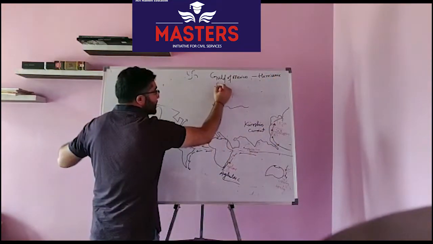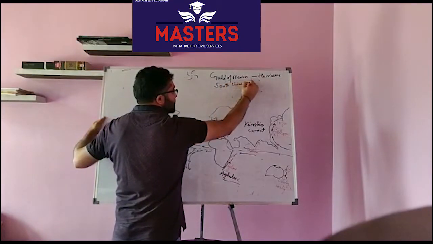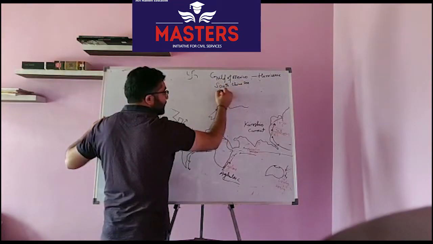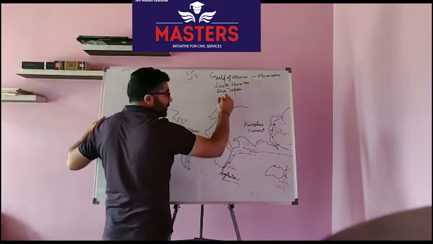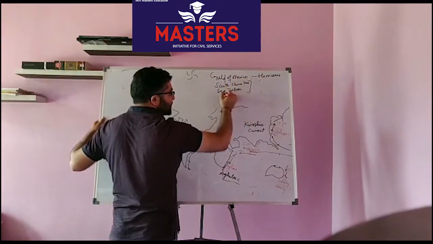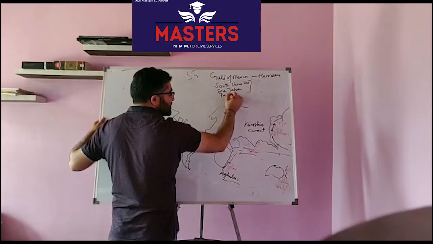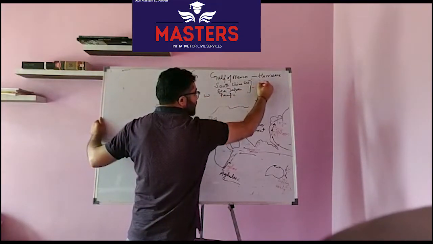Then the South China Sea in the Pacific. Then the Sea of Japan, again in the Pacific. Also the western part of the Pacific along the Philippines coast. Other western Pacific regions, here called typhoons.